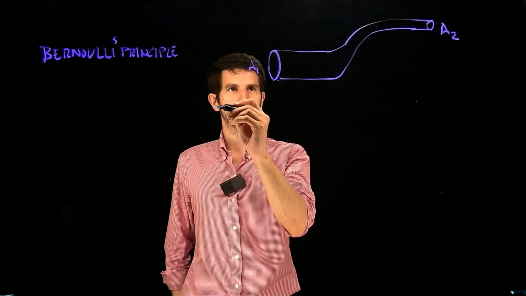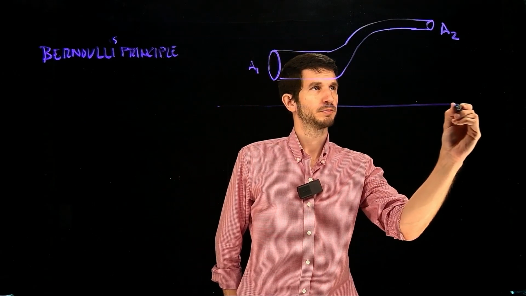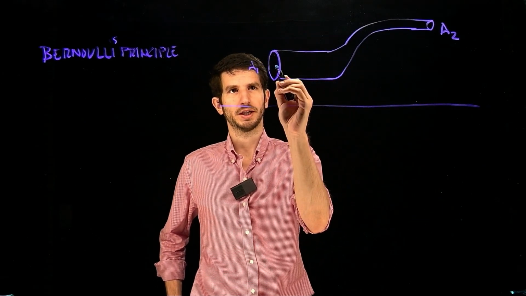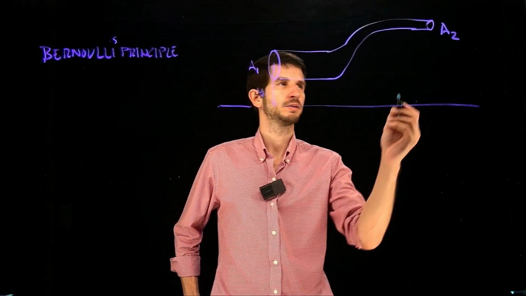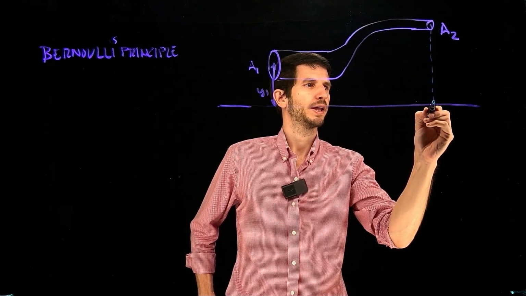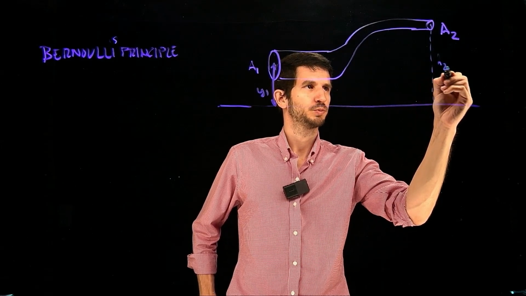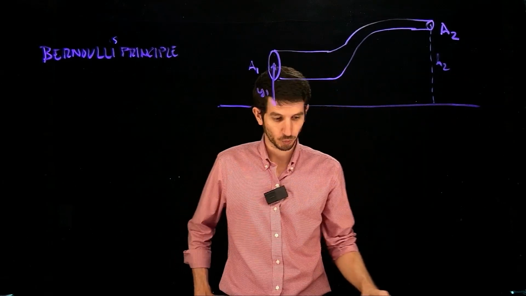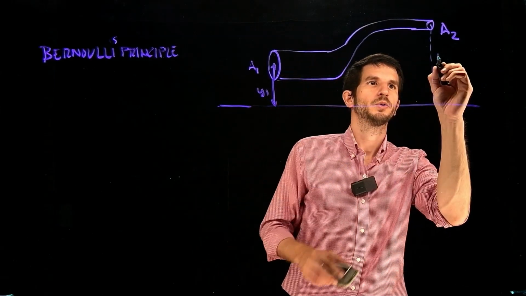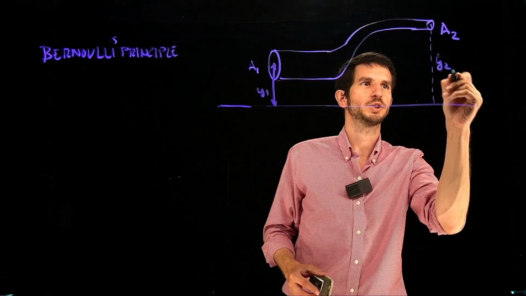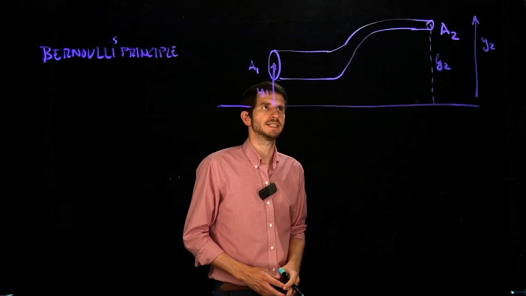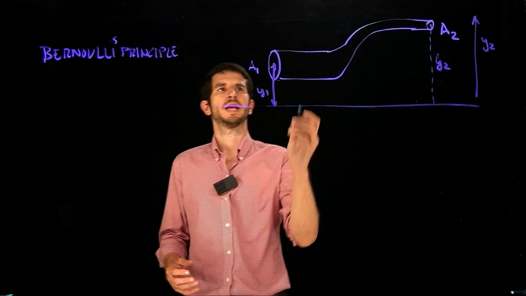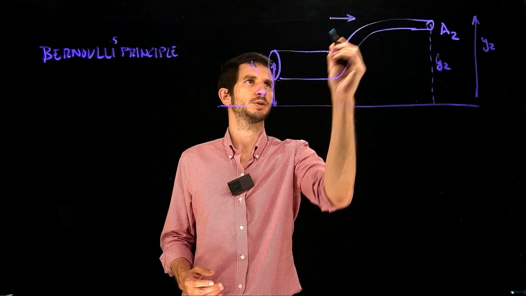And let's pretend that the pipe is above the ground to make the more general case possible, where this is height Y sub 1 and this is the height Y sub 2, excuse me, right? Y sub 2 is the position of that. And then I want to analyze what's going on, and there's flow in this direction.